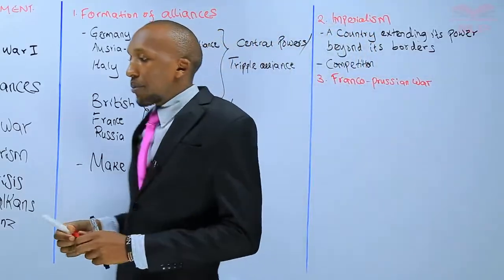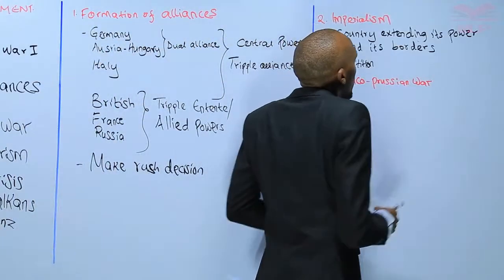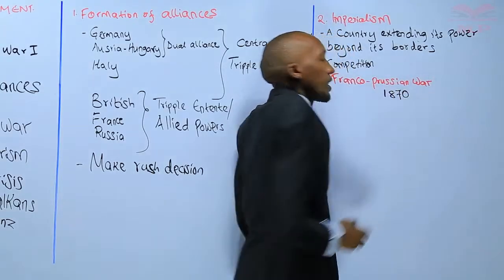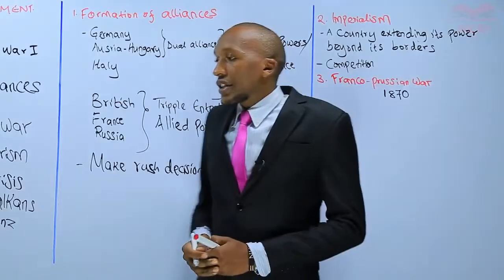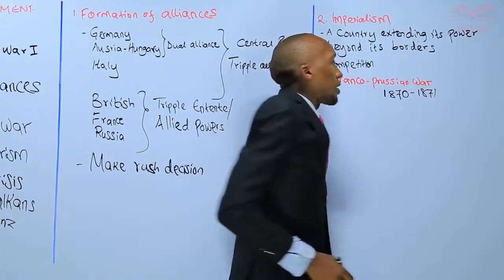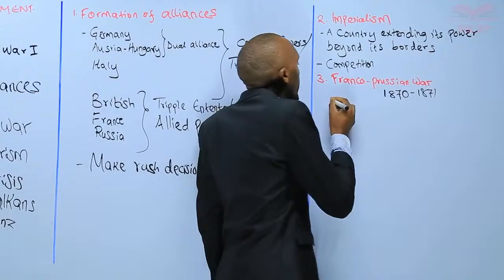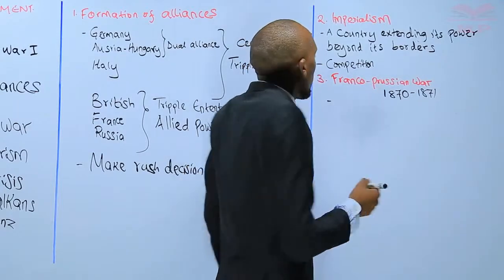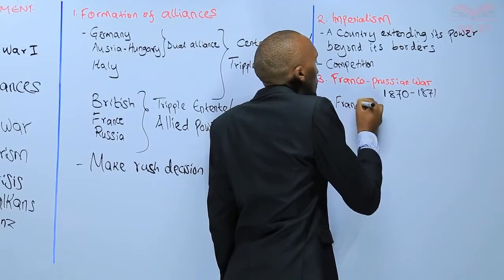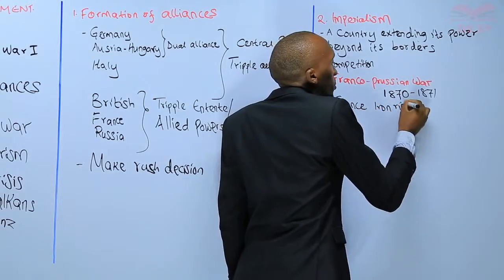This war happened from 1870 to 1871. In this war, France lost very rich provinces. France lost the iron-rich provinces.